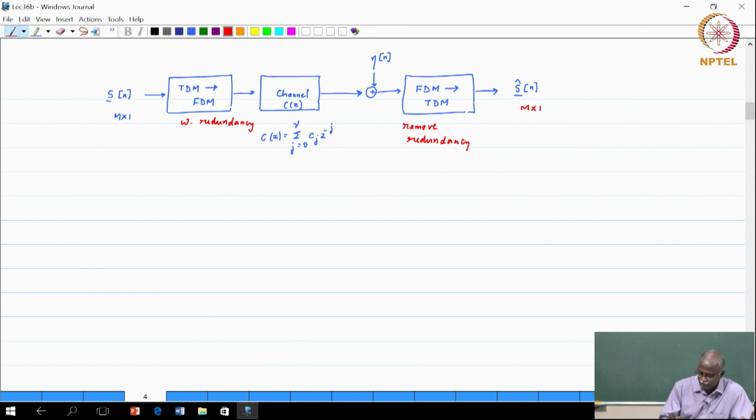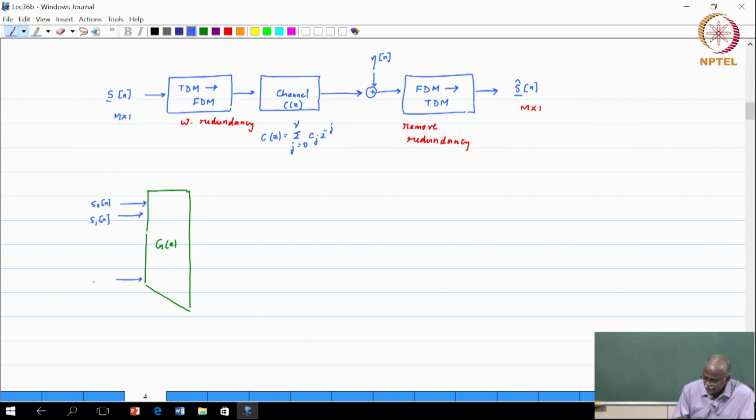Now, after going through the polyphase decomposition for the analysis and for the synthesis, I believe you will be comfortable if we drew the following figure. I have the polyphase component matrix of the synthesis filters, which is represented by G of z. There are M inputs going in: S0 of n, S1 of n, through S M minus 1 of n.